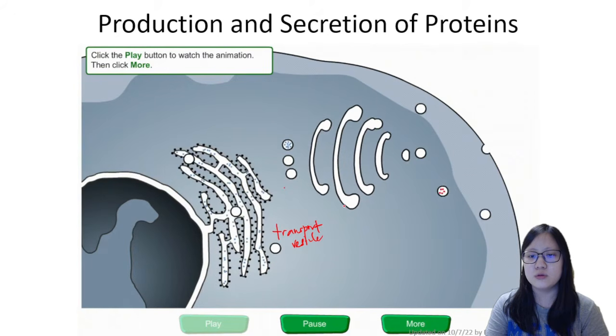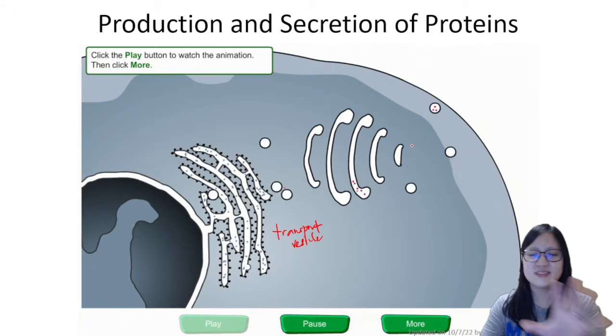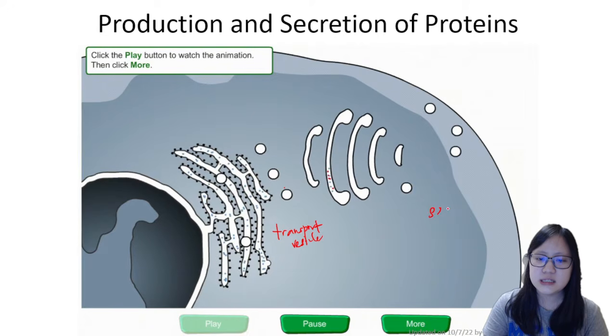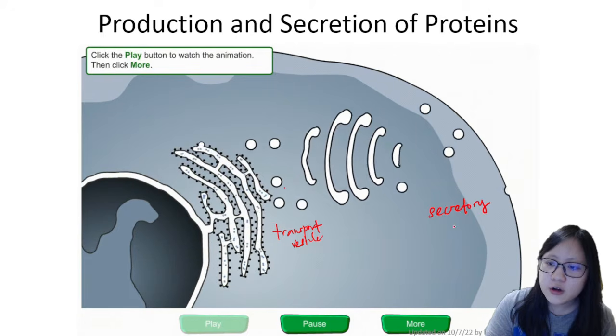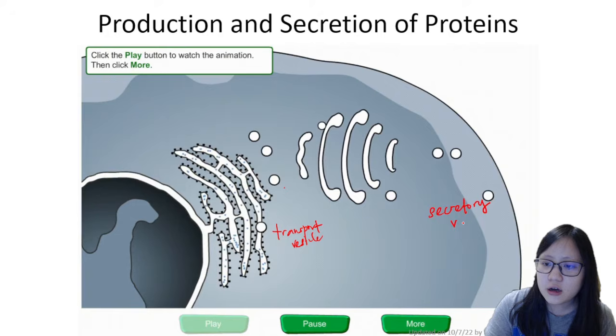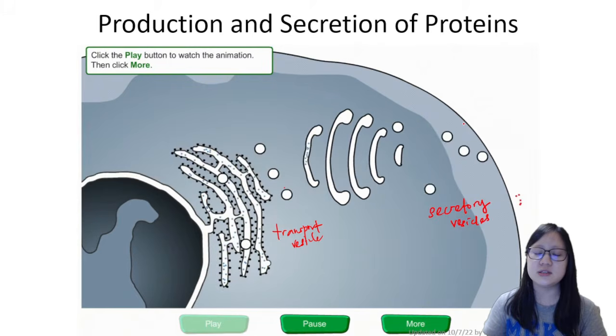And in the Golgi body, it's being modified so it becomes red. Here, again, it's just a diagram. And it's packaged into secretory vesicles to be transported out of the cell. And this is a process of exocytosis. So I hope you can imagine this flow.